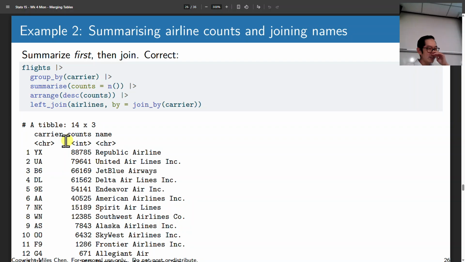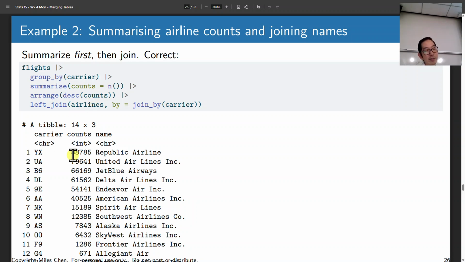And so anyway, here we're going to say group by carrier, I want the counts. I want to know how many flights does YX have and how many flights does UA have and stuff like that. Arrange in descending order by counts.